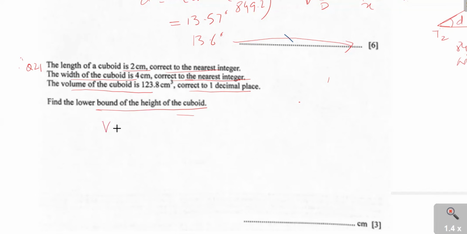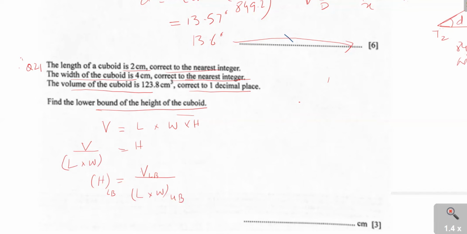Look here, the volume of a cuboid is equal to length multiplied by width multiplied by height. And we have to calculate height. And this height will be equal to volume divided by length into width. This height is the lower bound value. Therefore, this height lower bound value will be equal to volume lower bound divided by length upper bound into width upper bound.